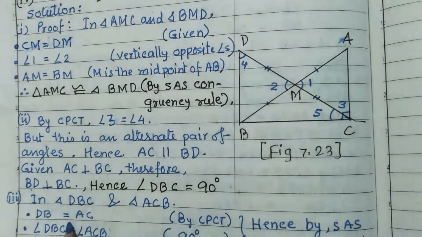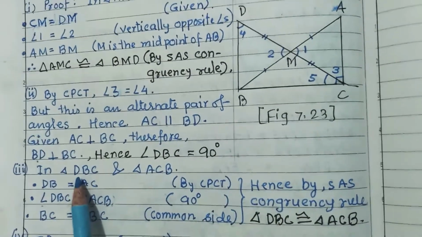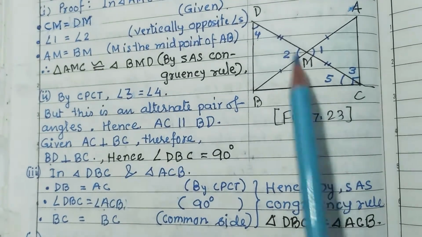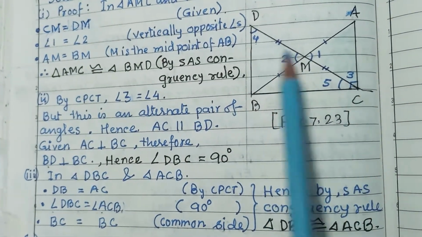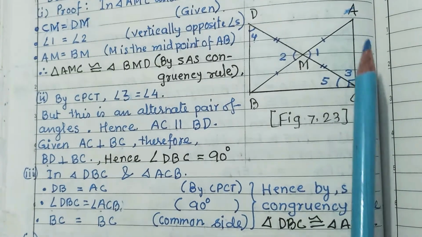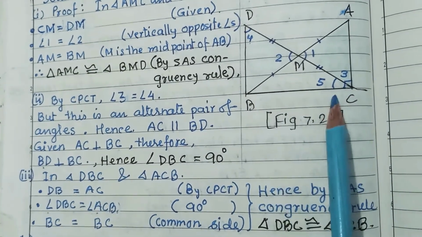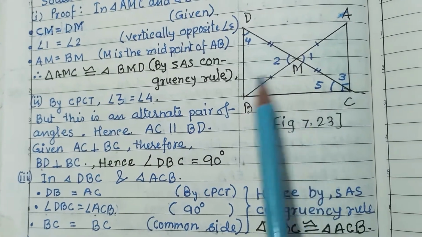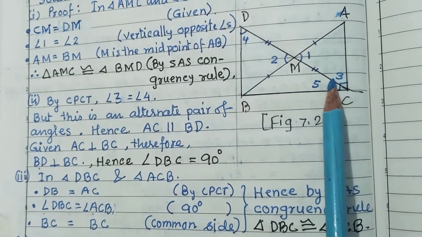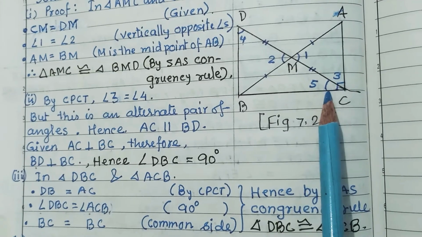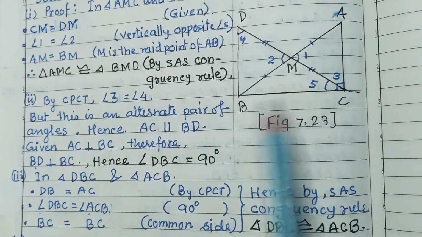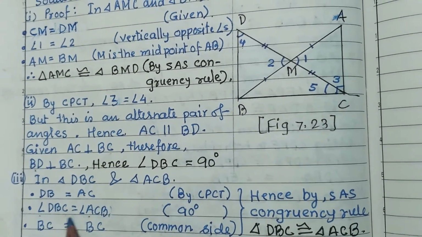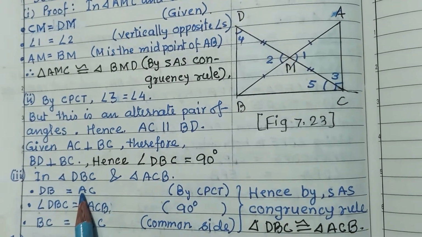Third point is in the figure, in triangle DBC, this whole triangle, and triangle ACB, this whole triangle you have to take. In these two triangles, this is 90 degrees, and this is 90 degrees.